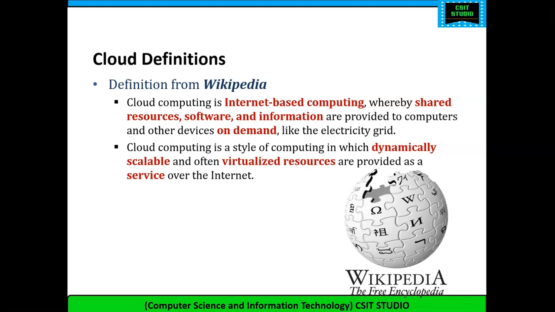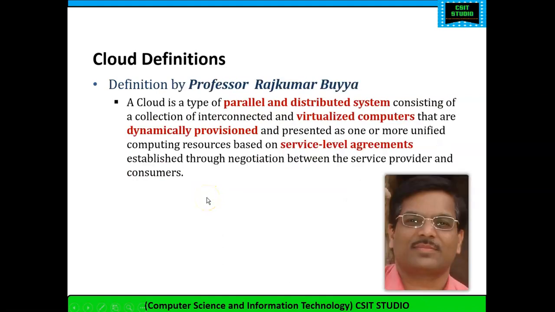So the shared resources, software and information are provided to users on demand, just like we demand electricity. In a similar way we get them. And in cloud computing, the resources are dynamically scalable because they are virtualized resources and provided as services. So these are the important terms here.